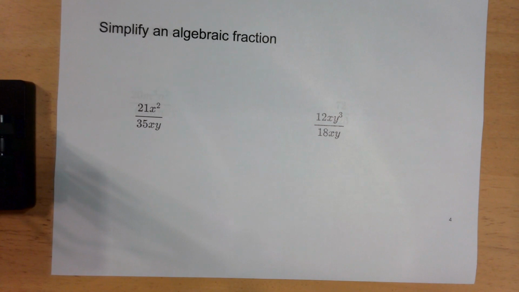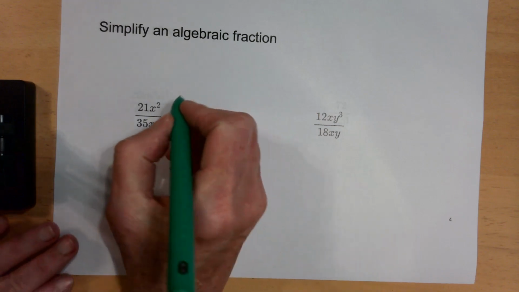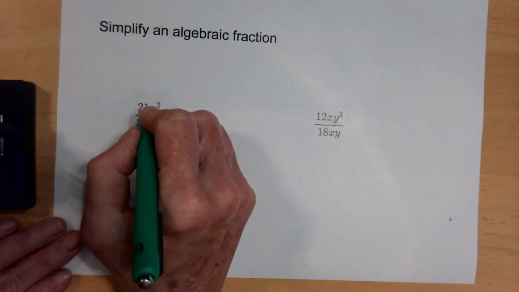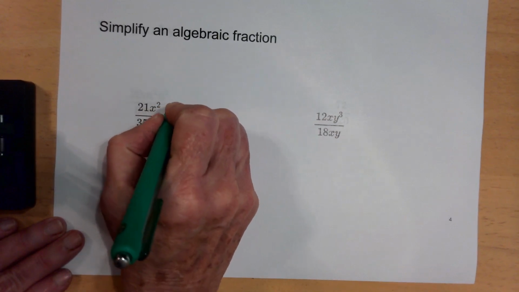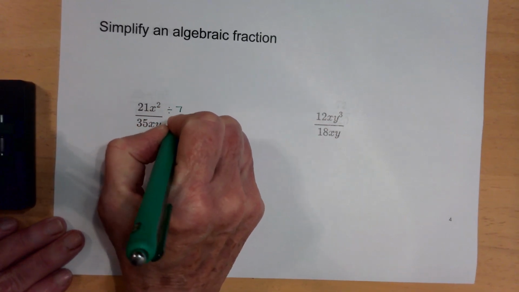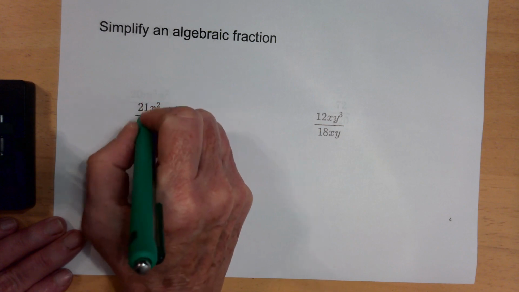So let's look at these. I typically do a combination of the two. So I'll do the prime factorization of my letters, but I will look at my numbers and decide what is the greatest common factor between them. So first thing I'm going to do is divide the top and the bottom by 7, because that's going to be the greatest common factor number-wise.